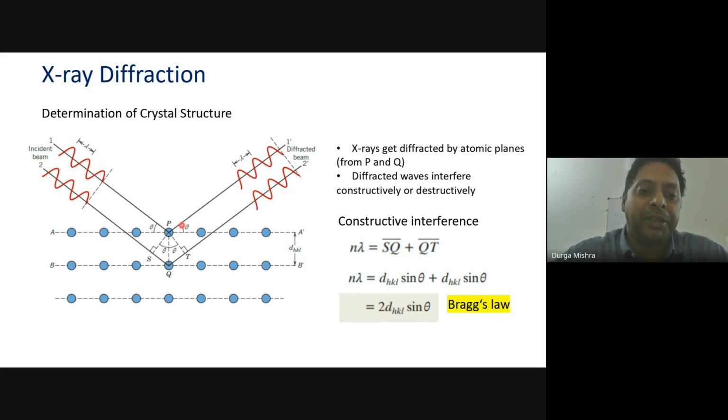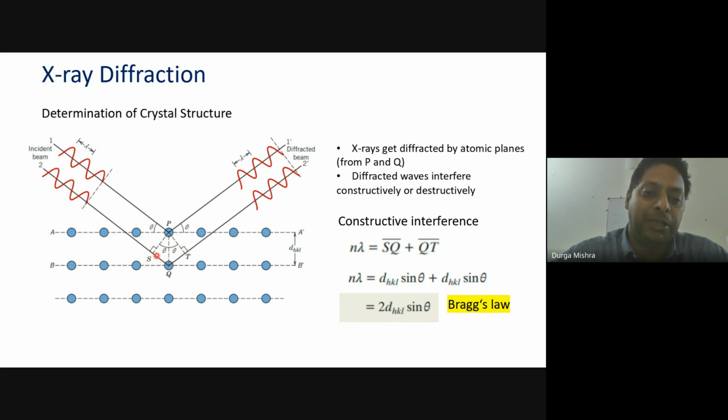Now what is the path difference? What you do is draw a perpendicular from this point P onto this parallel beam, and then another perpendicular line from P up to T. The path difference between these two, 1 and 2, after diffraction will be given by the distance SQ plus QT.